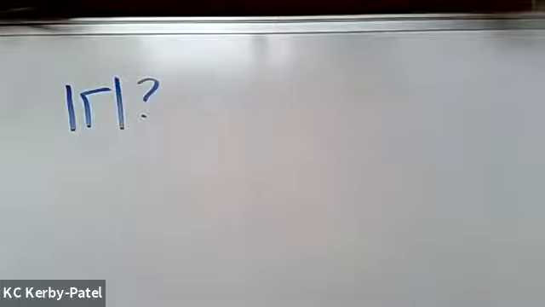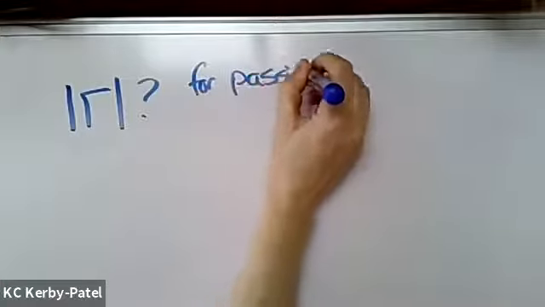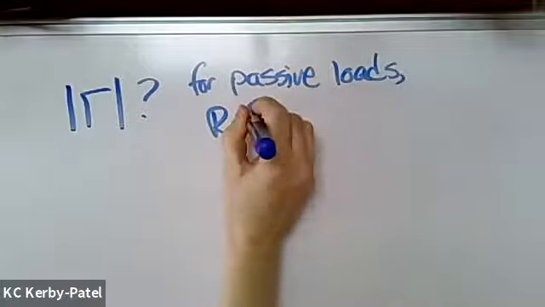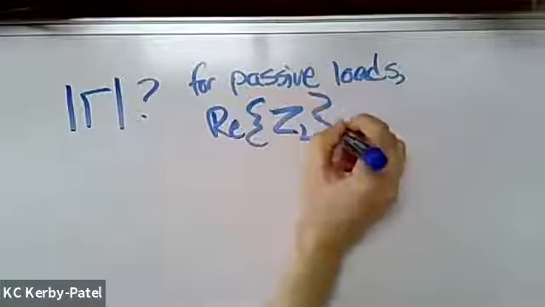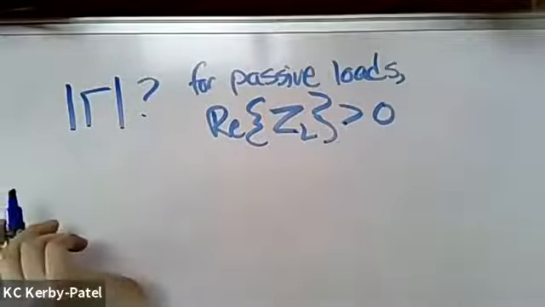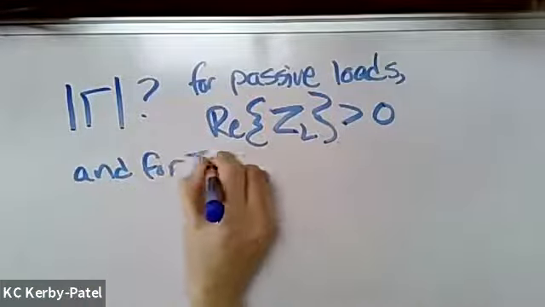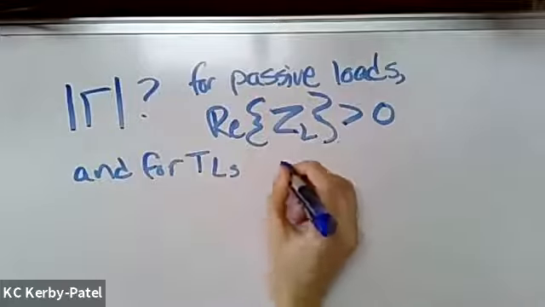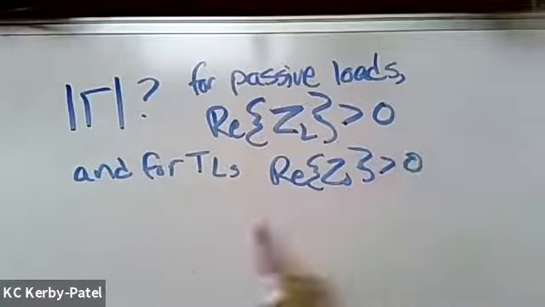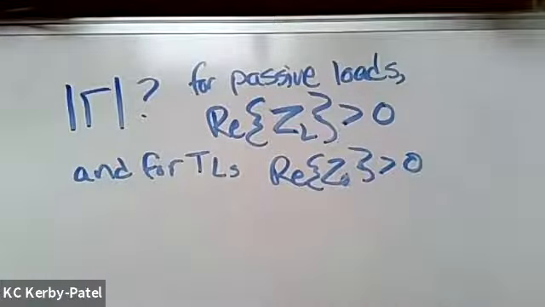Well, for passive loads, the real part of the load impedance is greater than 0. And that's also true for transmission lines. In fact, Z0 usually has such a small imaginary part that we're going to say that Z0 is real for this example.